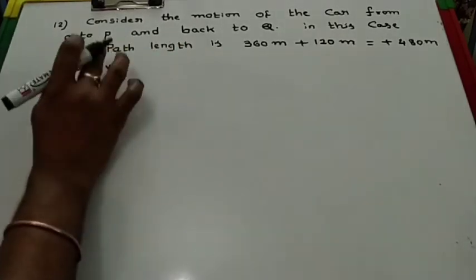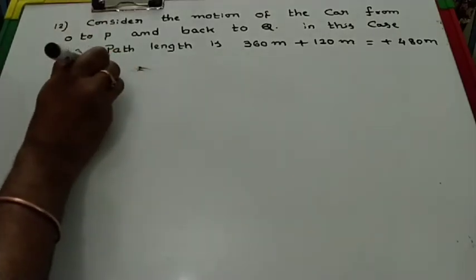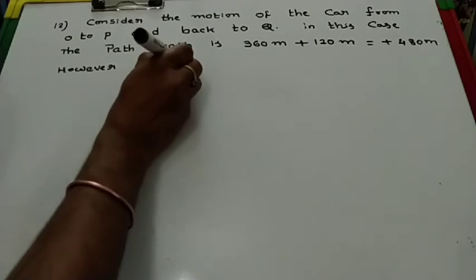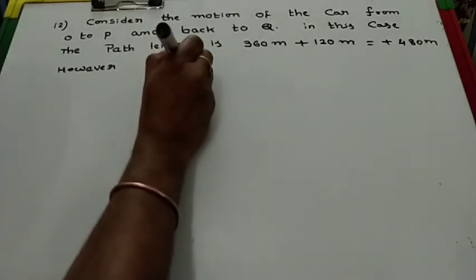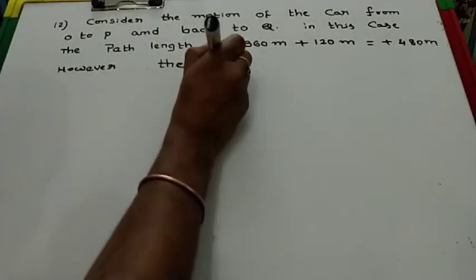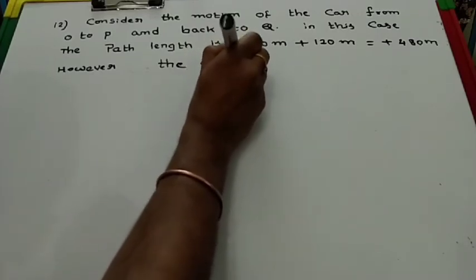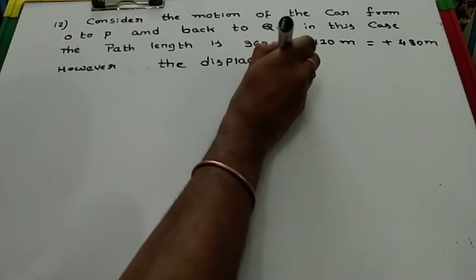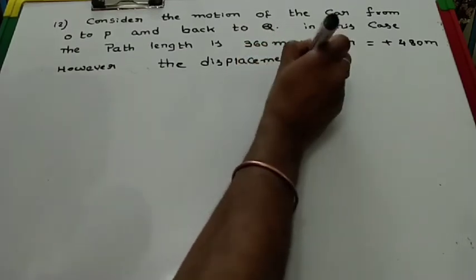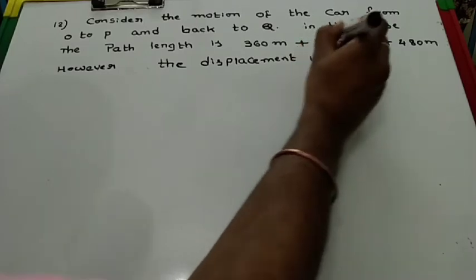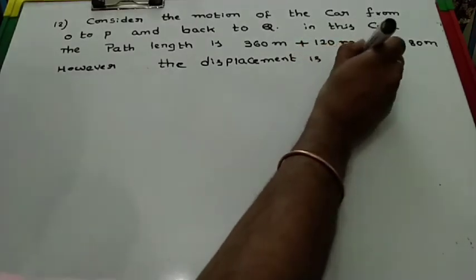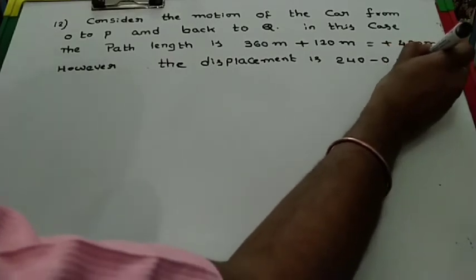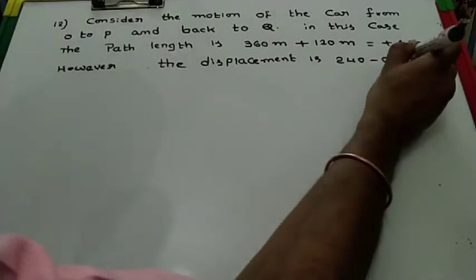However, the displacement is 240 minus 0, that is equal to 240 meters.